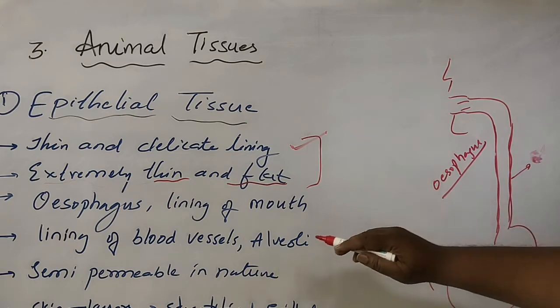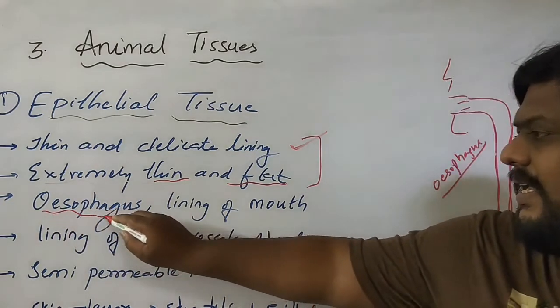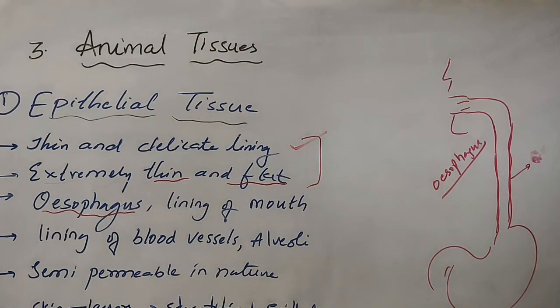And here you can see that this kind of lining is present in the special part which is called the esophagus. So the esophagus is lined by the tissue which is the epithelial tissue. So what tissue is present on the esophagus? That is the epithelial tissue.